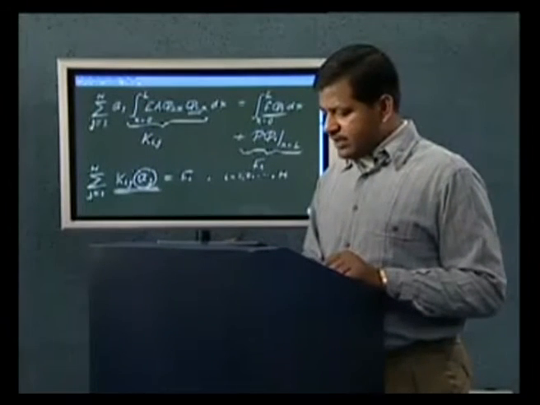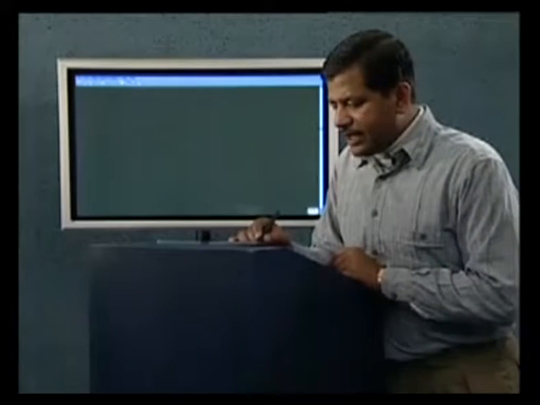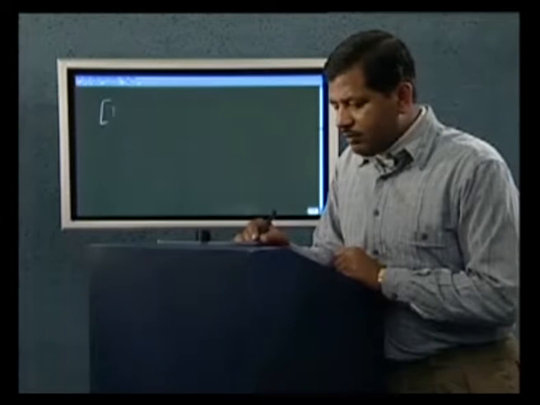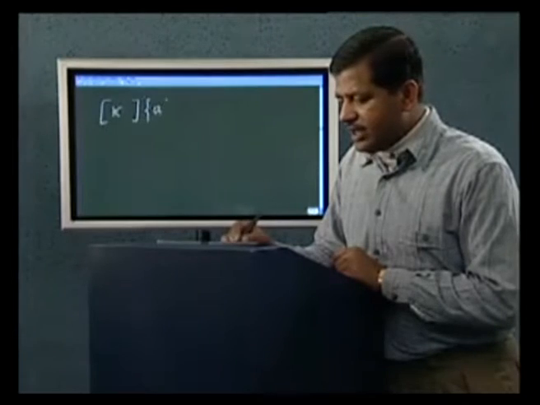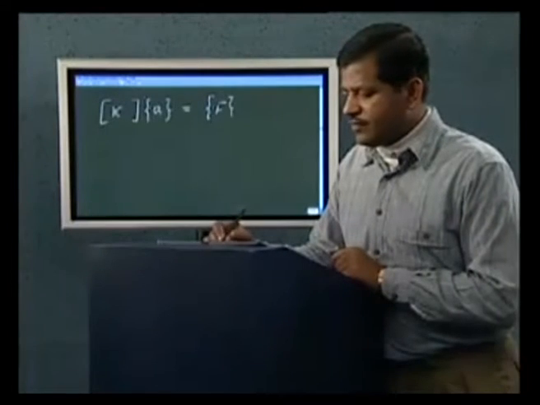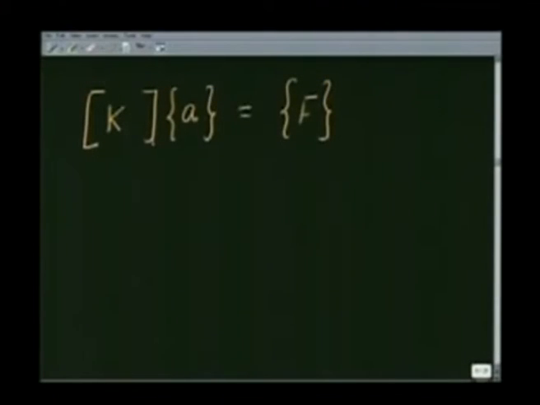This we can write in matrix form as matrix K operating on the vector A is equal to the vector F. Look at this matrix K. This matrix K is of size n by n for the problem that we have taken. This is a vector of size n, that is, it has n coefficients a1 to an. This is a vector of size n.